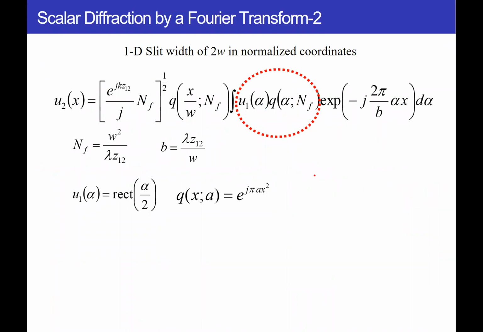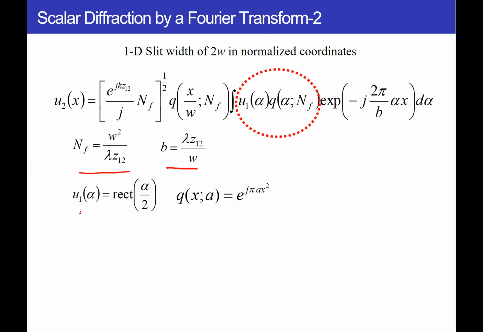And then for the case of a one-dimensional slit, we get this expression. Okay, so that's what we have already done: the field at the aperture plane and the quadratic phase and its Fourier transformation. And note that B is given by this propagation beam width, and then we have these factors. Okay.